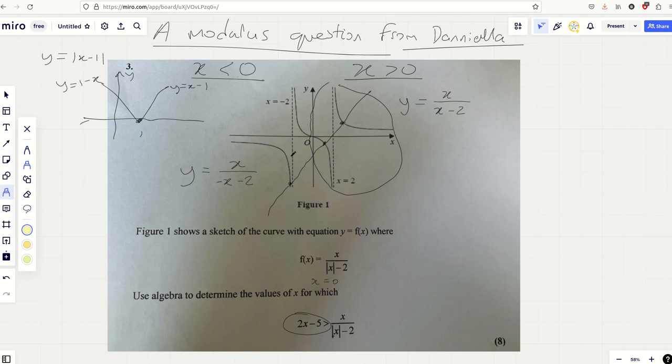It has a higher y coordinate, which is what we're trying to find. When is the y coordinate for 2x minus 5 bigger than the y coordinate for x over mod of x minus 2? Let's see, we want the straight line to be above the curved line. No, it's not there, it's only above it here. Then it goes below it again. That asymptote is a problem, and then it's above it there. Can you see those are the values I need?